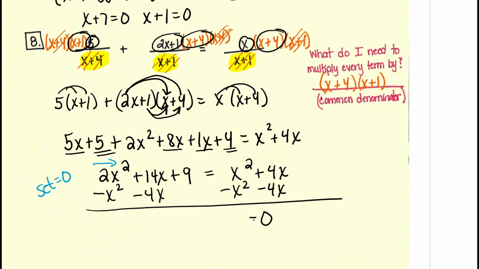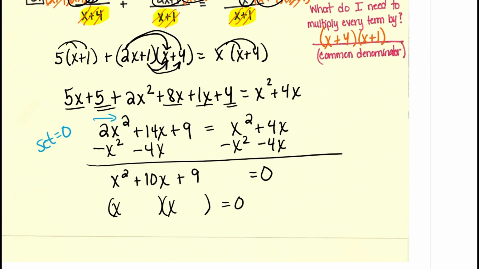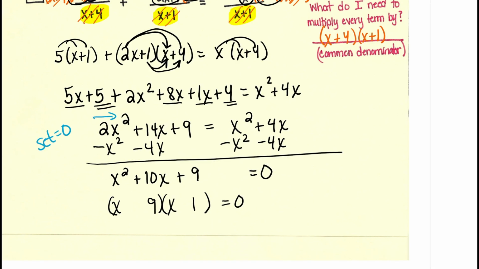So I have 0 equals x squared plus 10x plus 9. A nice trinomial to factor. X and x is what multiplies to get me x squared. 9 and 1, that's what multiplies to get 9, but adds to get 10. Set each one equal to 0. And x equals -9, and x equals -1.